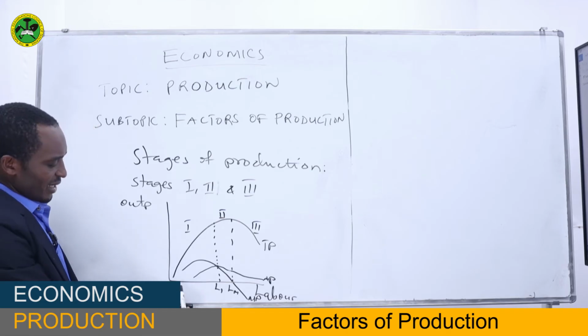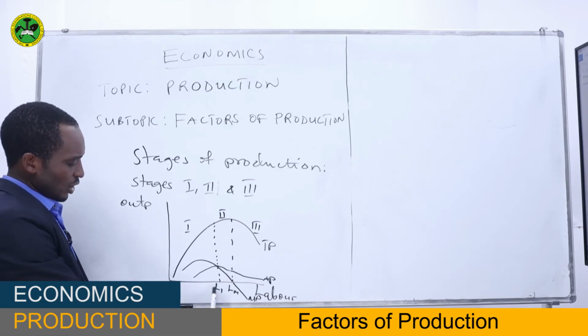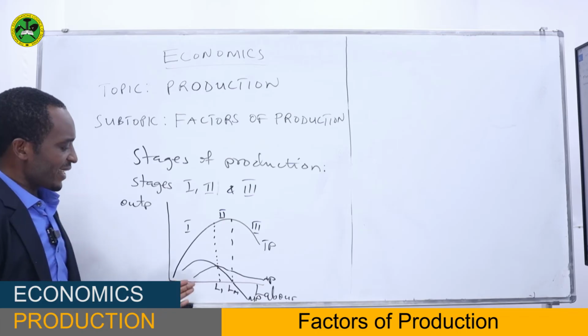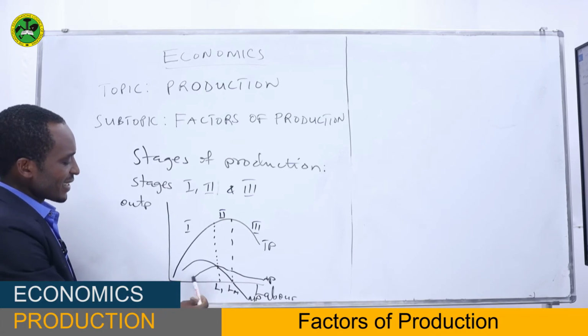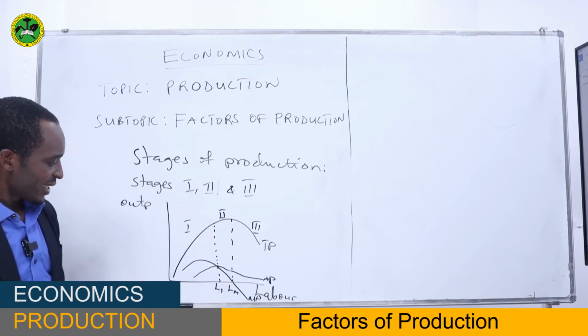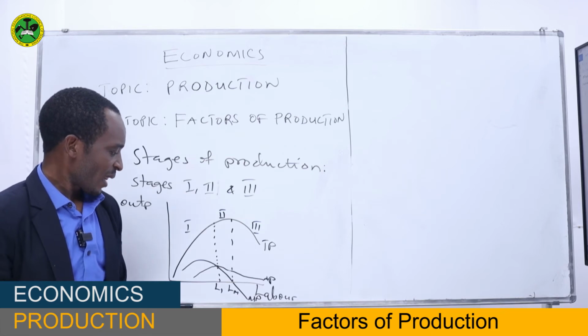For instance, from 0 to L1, it is an advantage to employ more units of labor, since the total product, marginal product, and average product are increasing.